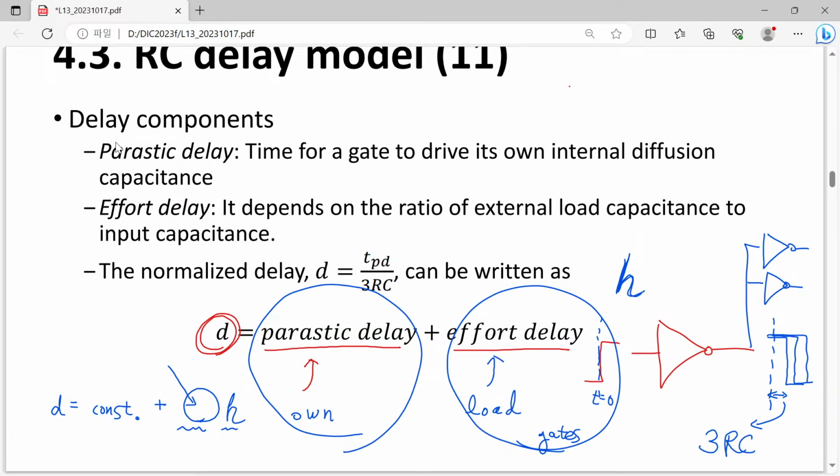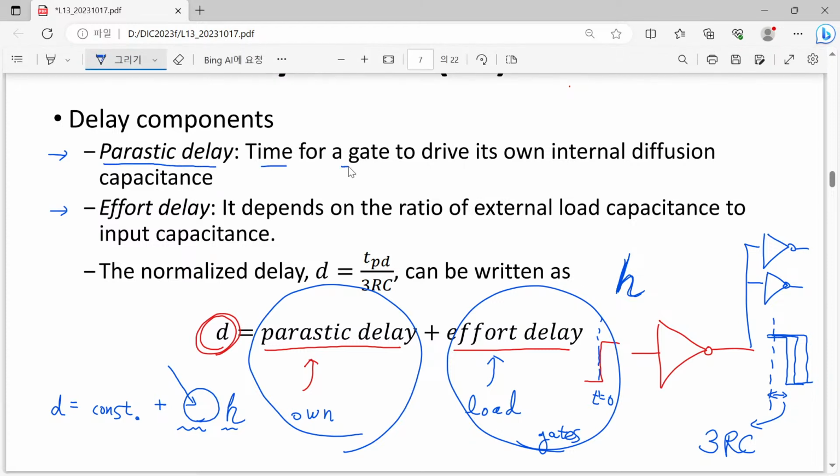So for delay components, we can find two things. This is just a repetition of my previous explanation. The first one is parasitic delay. It is the time for a gate, our driver, to drive its own internal diffusion capacitance.